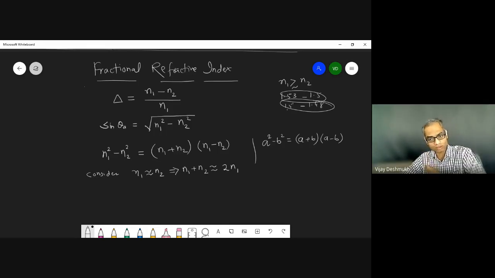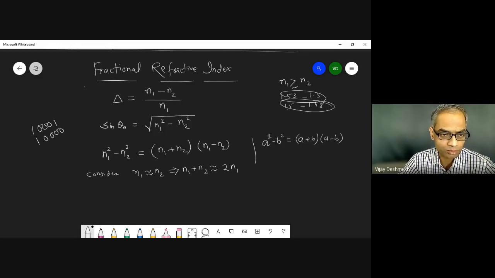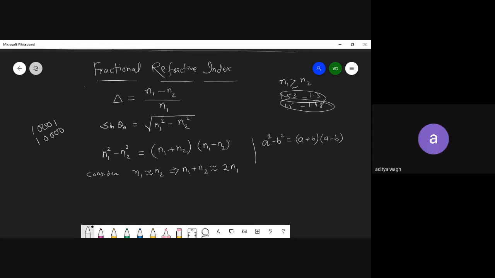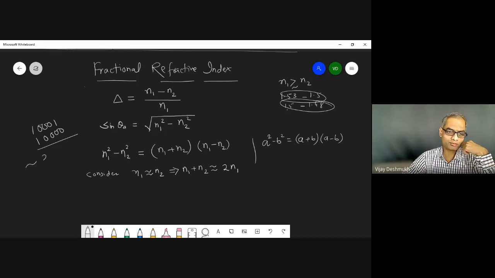So why are we doing all these things? Suppose somebody has 10,001 rupees and the other one has 10,000 rupees. So practically when we speak, both have 10,000, right? And if you add, it is approximately 20,000.